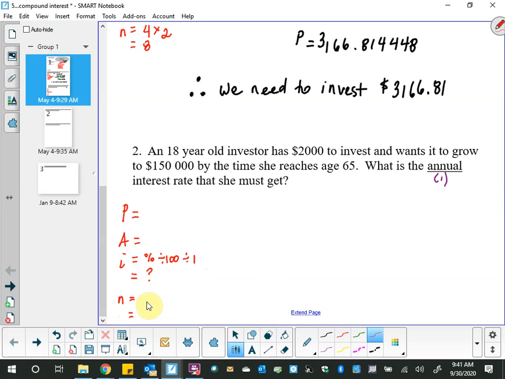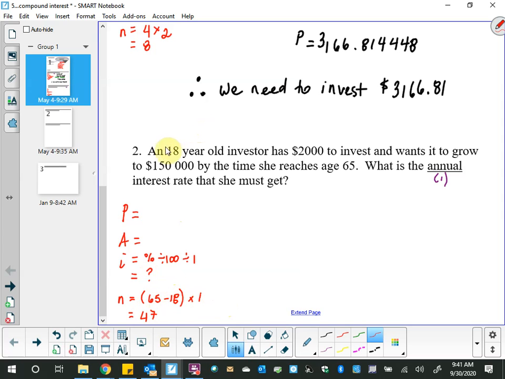N is the amount of years times the special number. So we have to figure out what 65 minus 18 is, and then we have to times it by the special number, which I'm kind of wasting my hand strength, is 1. So 65 minus 18 is 47 times 1 is still 47.